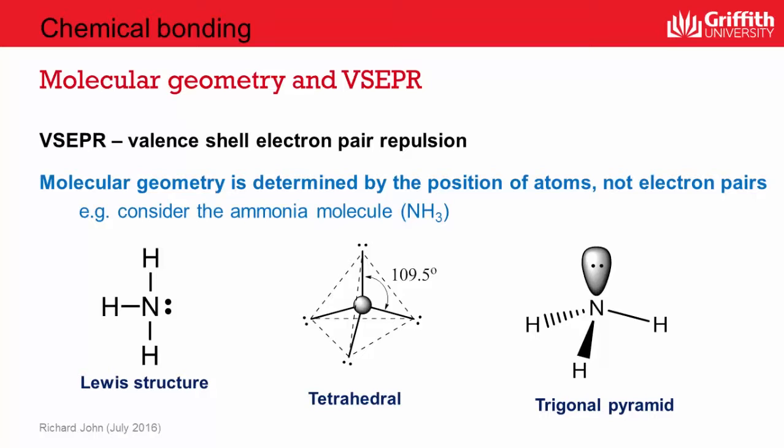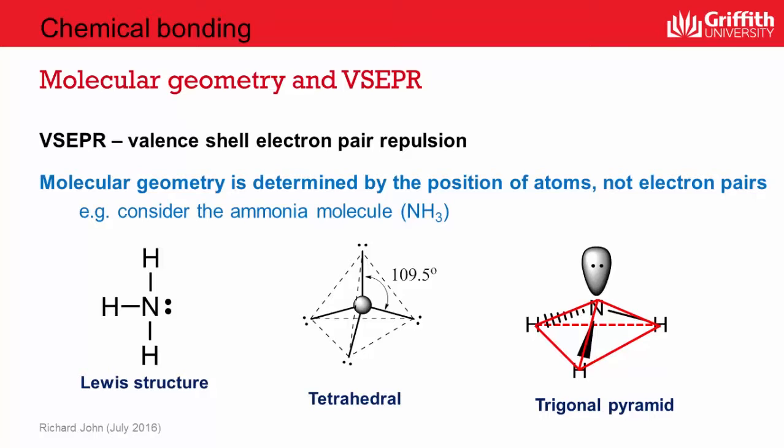In this case, we can see that the shape of the molecule is actually a trigonal pyramid, with the three hydrogen atoms forming the triangular base and the nitrogen atom forming the apex of the pyramid. Even though all four pairs of electrons repel each other in a tetrahedral shape, the actual shape of the molecule is somewhat different.